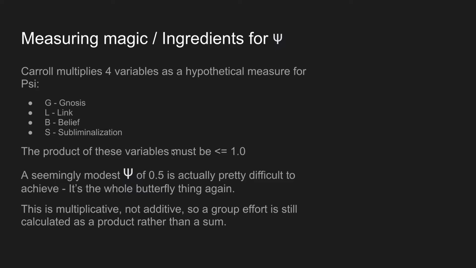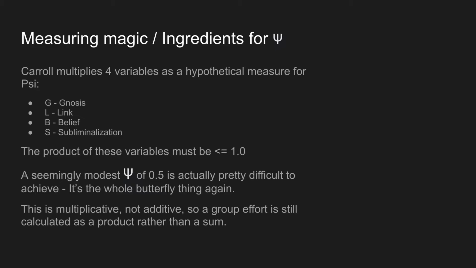Like, if your subliminalization is 0.4, then 60% is that it's very clearly in your rational mind. I'm just using all positive variables here, because I don't think the 1 minus the variable thing that he did is any easier to use. So first of all, we should note that the product of these variables, when you multiply them all together, has to be less than or equal to 1.0.